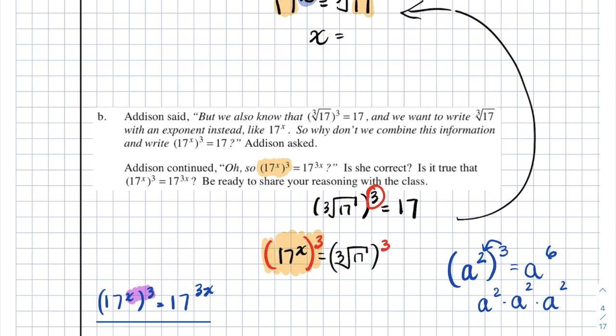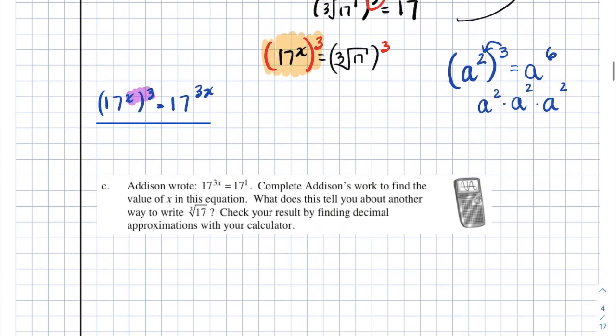So now we're going to build from part A to part B, and from part B to part C. We know it said that this was equal to 17. So I'm going to go back to the bottom.